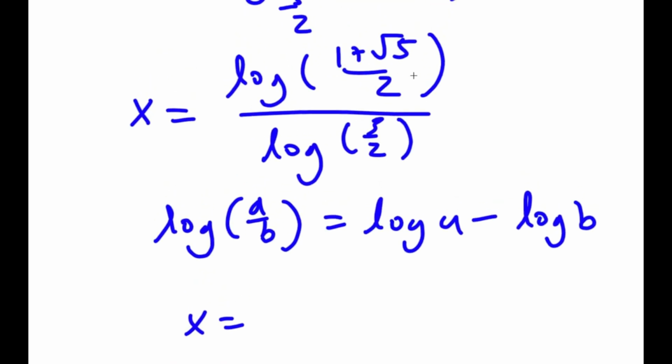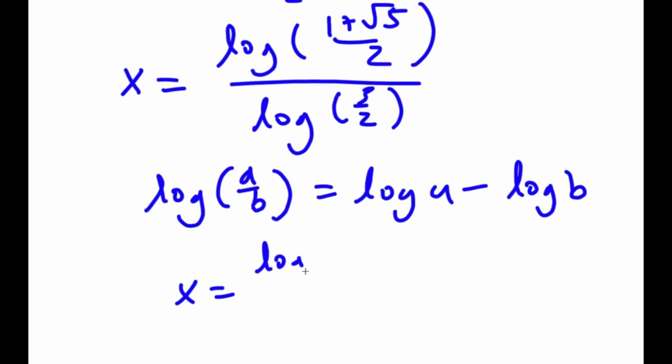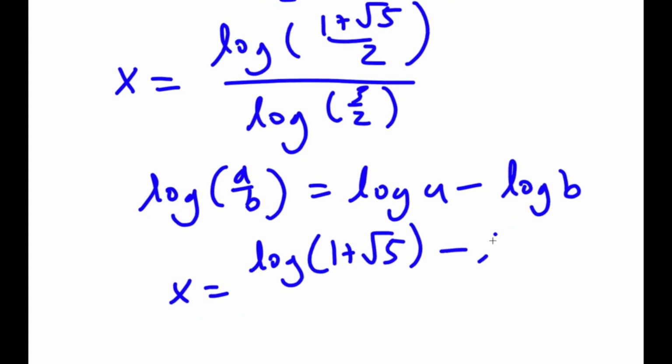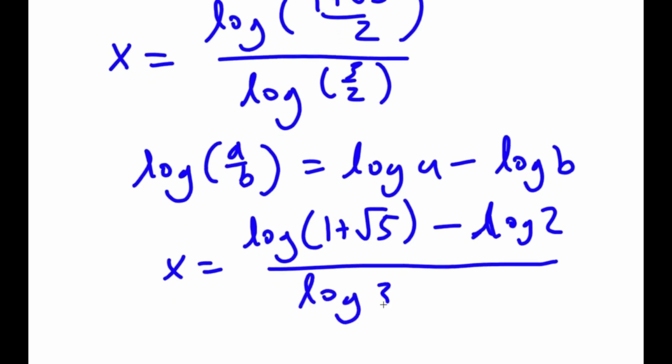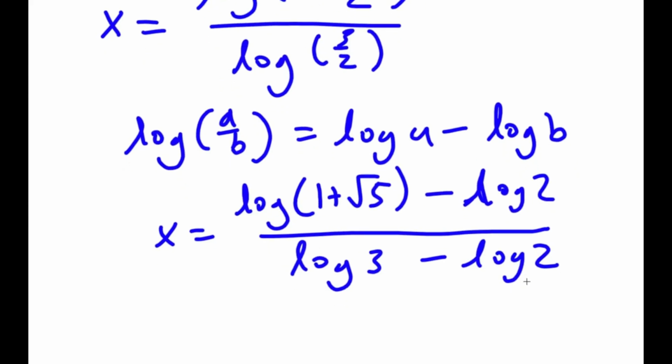Meaning log of 1 plus square root of 5 over 2, that's going to equal log of 1 plus square root of 5 minus log 2, and log of 3 over 2, that's going to equal log 3 minus log 2.